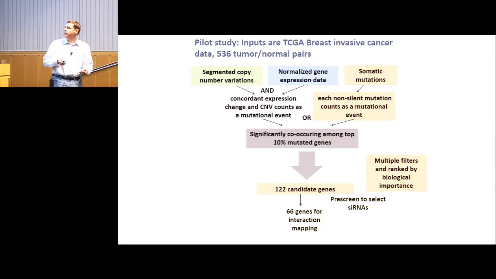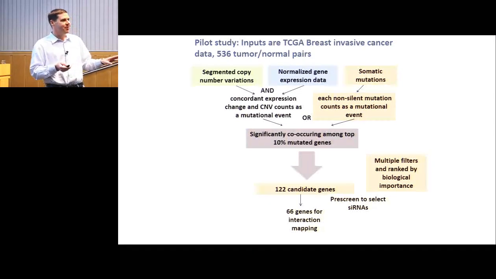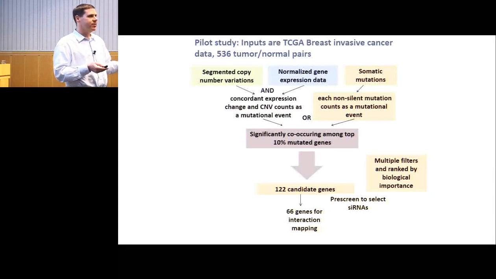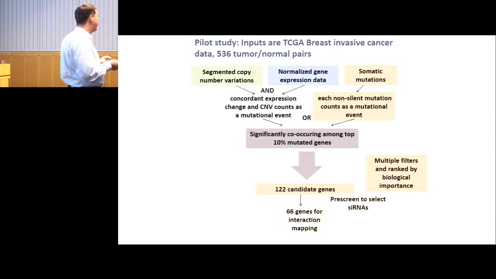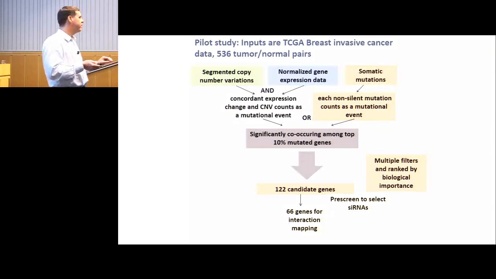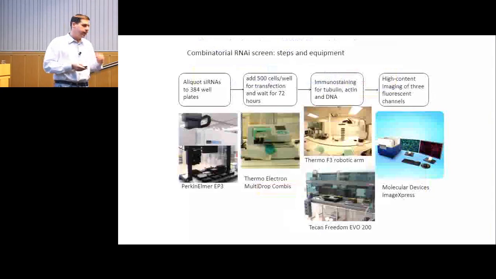We pre-screened siRNAs because when you do siRNA screening, there's this so-called off-target effect where it's difficult sometimes to get the same phenotype with 2 different reagents or 3 different reagents against the same gene. And so we wanted to only use those genes where we have multiple siRNA reagents that were yielding the same phenotype and consistent quantitative phenotypes. And from that, we got 66 genes for interaction mapping.